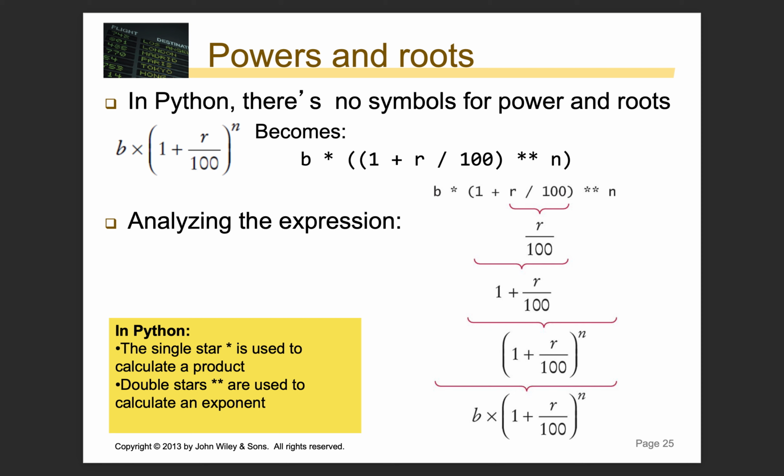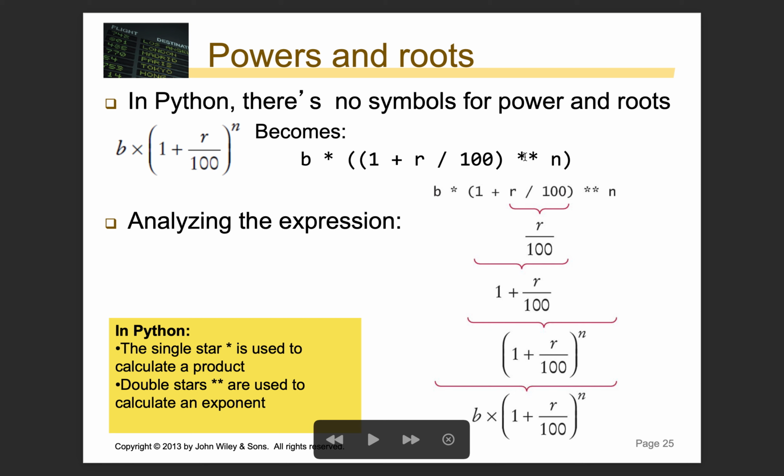A slightly more complex area is things like powers and roots. So you might have heard of squaring things and also square rooting things, but higher powers are also possible. So something like b times 1 plus r over 100 to the power of n becomes b times, so this part is the same, we're happy with that, open bracket, and then open another bracket for 1 plus r over 100, and then close bracket, double star n.